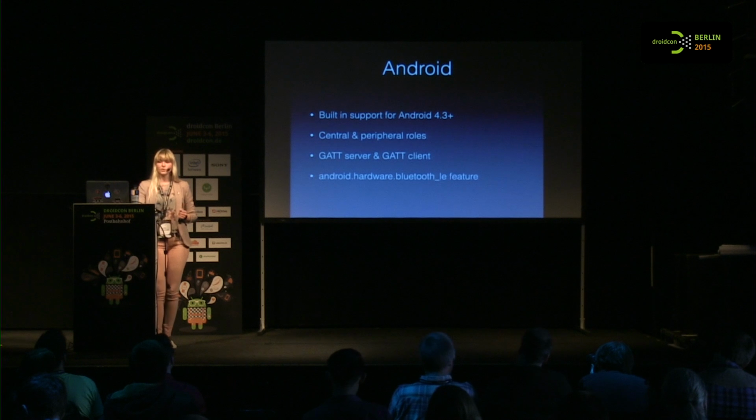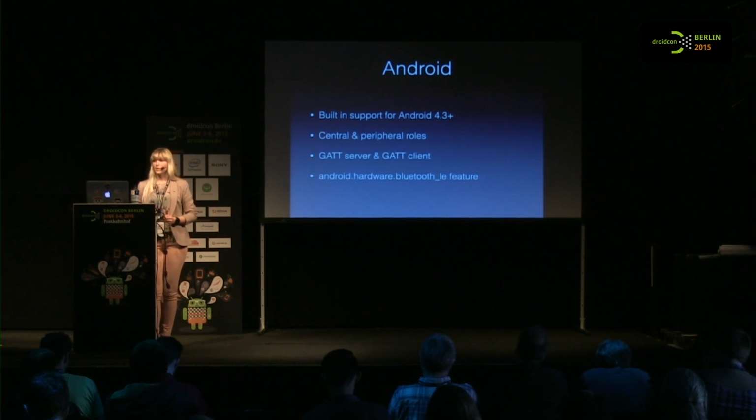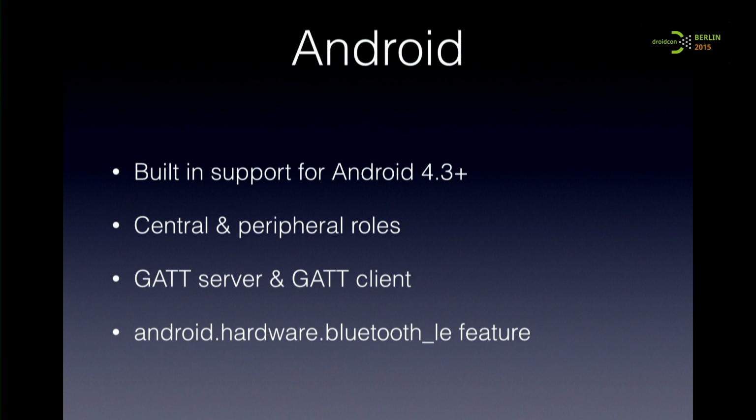Also, as I mentioned, there is a GATT server and a GATT client. So if a device receives and analyzes something, this is a client, and if a device publishes something, this is a GATT server.